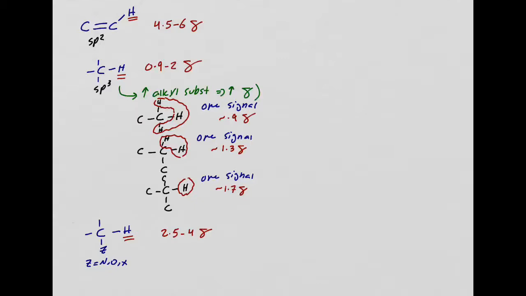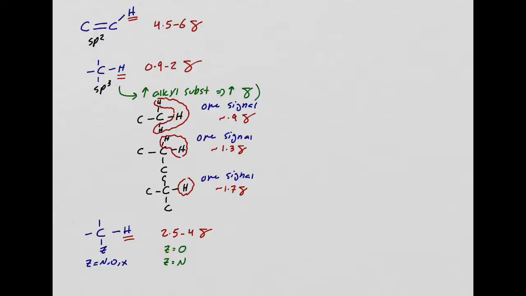Now, let's go over this. If the Z is oxygen versus the Z is nitrogen, which one do you think is going to cause a larger chemical shift? Think about this for a second. Oxygen versus nitrogen. Which one is more electronegative? Hopefully you remember your Chem 1A, and you're yelling at me right now, duh, oxygen is more electronegative. Okay, beautiful.